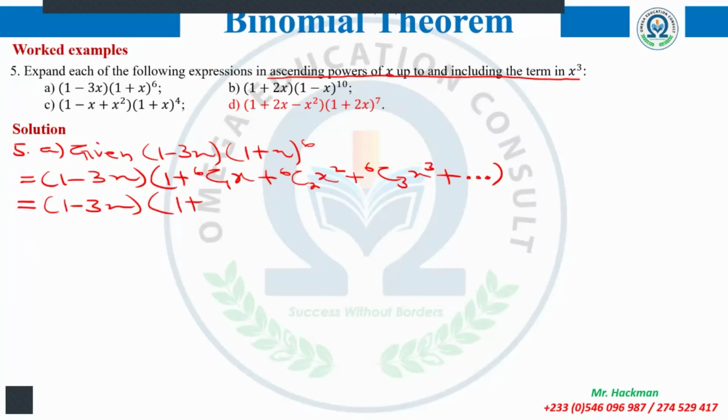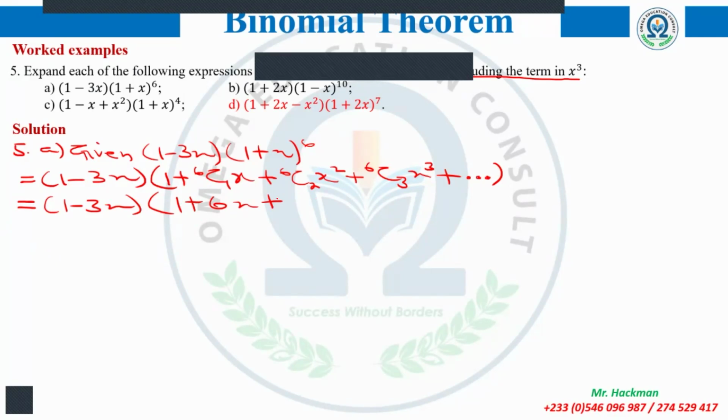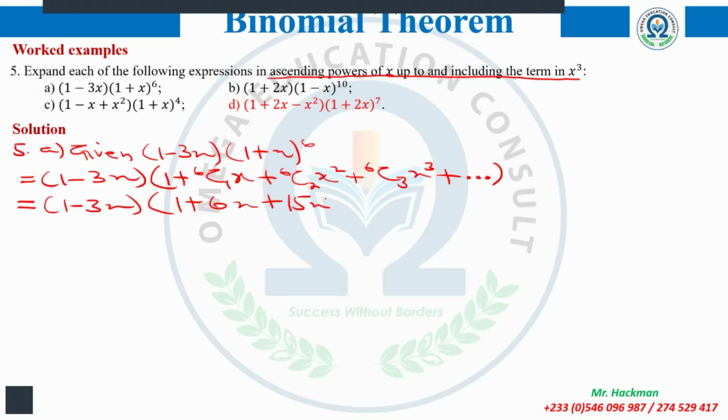So 1 plus 6x plus, 6 combination 2 will give us 15 x squared.